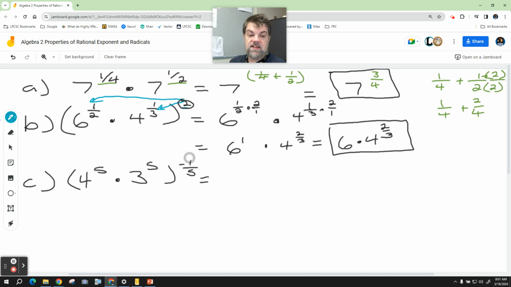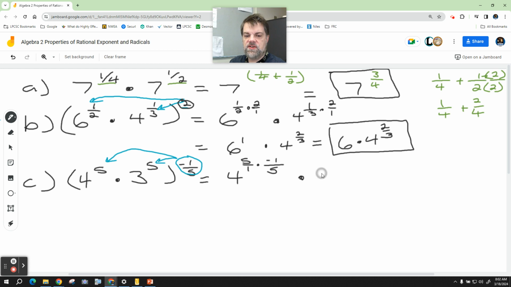I'm going to take this power and multiply it by 1/5, I'm multiplying the powers. I'm distributing the power of negative 1/5 through to the powers of each one of these exponents, is what I'm trying to say.